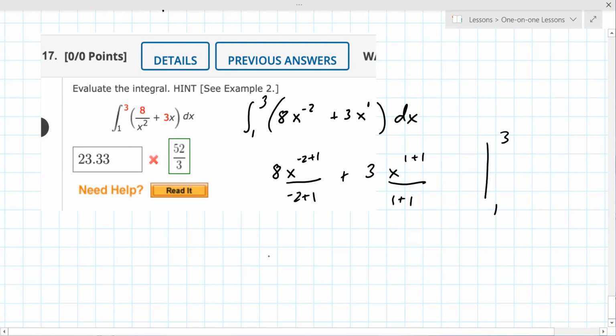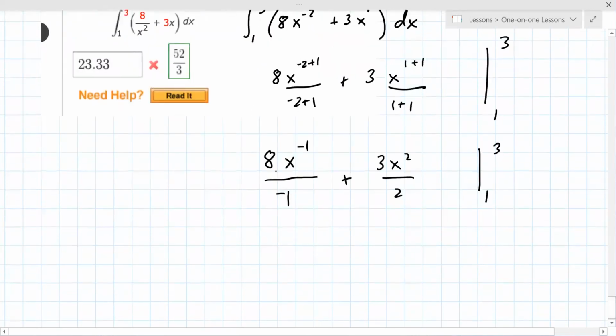So let's just deal with these exponents. It's 8x to the minus 1 over minus 1 plus 3x squared over 2. You're evaluating it from 1 to 3. So this is now, and we're going to rewrite this, it's really negative 8 over x, because x to the minus 1 power is 1 over x, plus 3 halves x squared evaluated from 1 to 3.